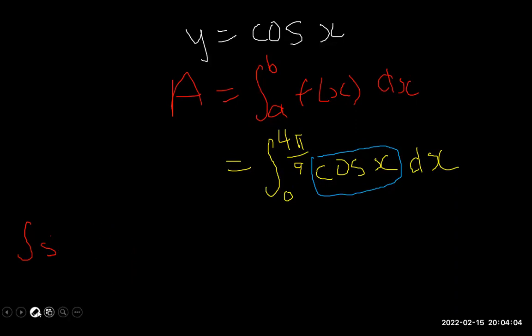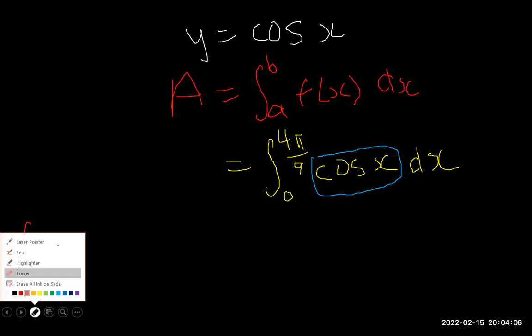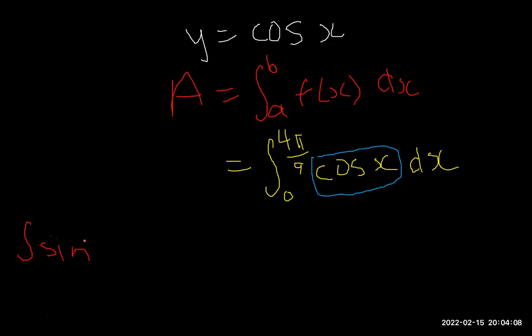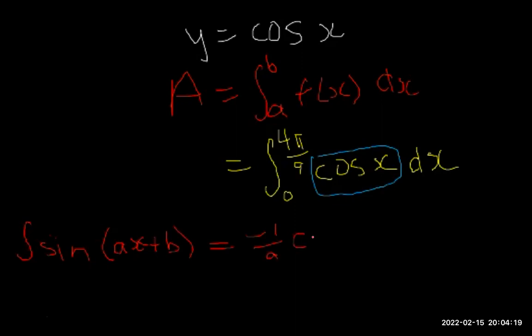The rule was like this: sine, my angle is ax plus b. Then the integral of this is minus 1 on a cos, and the angle remains the same, ax plus b. A is the coefficient of x. So whatever number comes before x, that's my a, right?